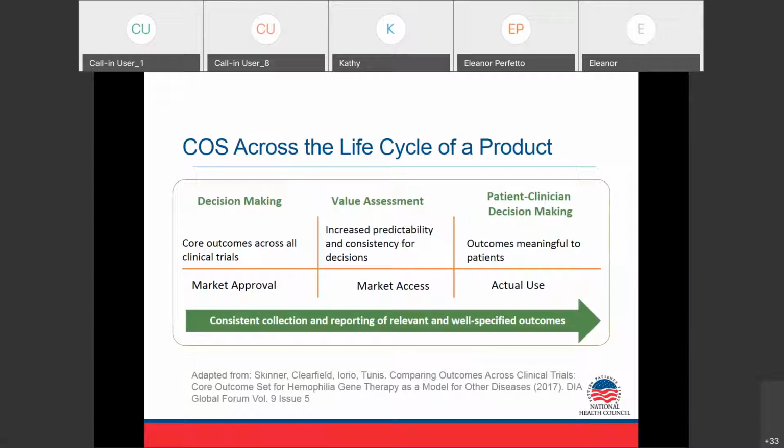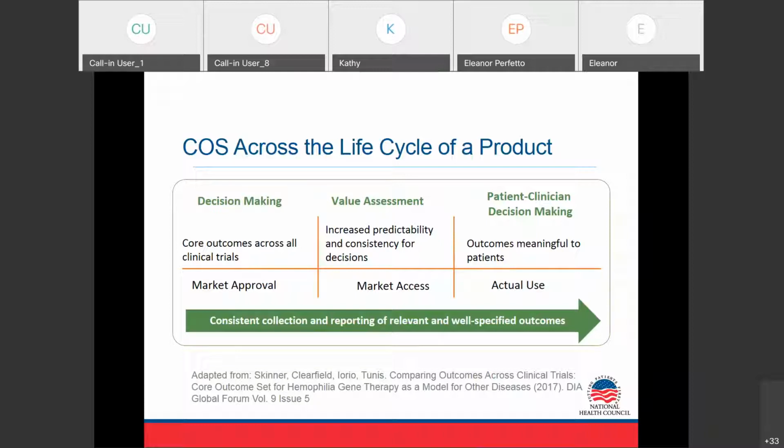And that information then becomes accessible for decision making across all of these different contexts, where you have the market approval stage, and the market access stage, where health plans decide what their coverage policies are going to look like and how to reimburse.